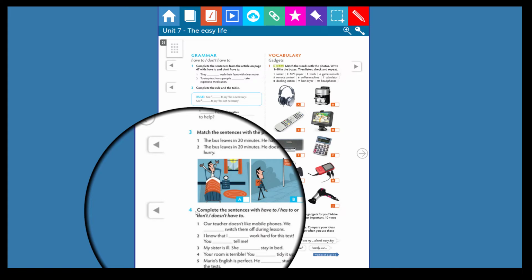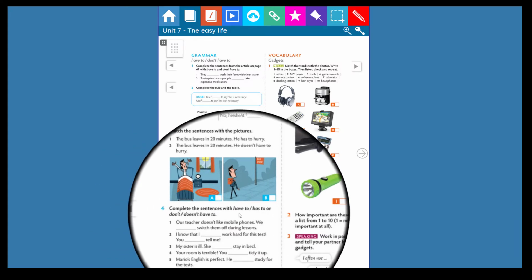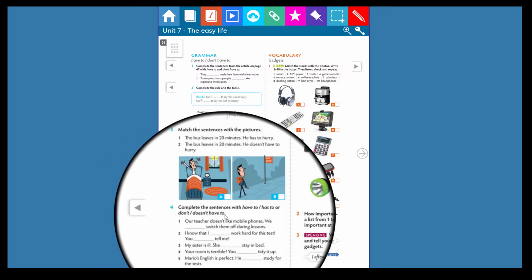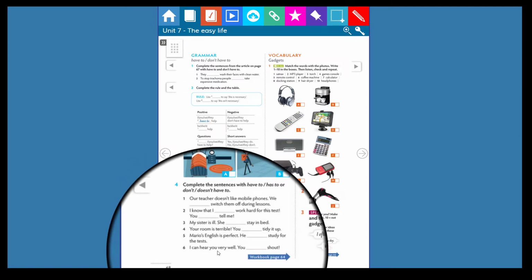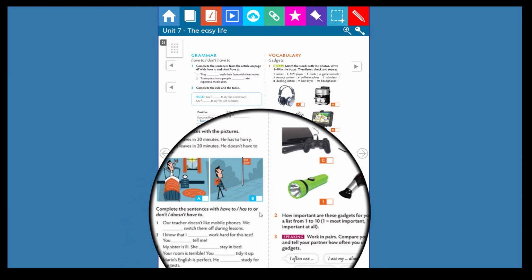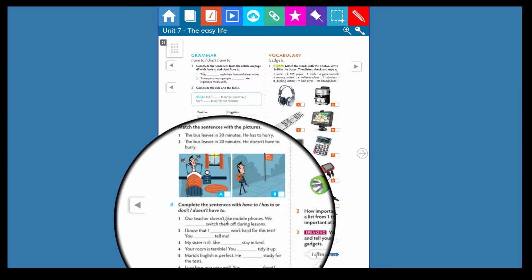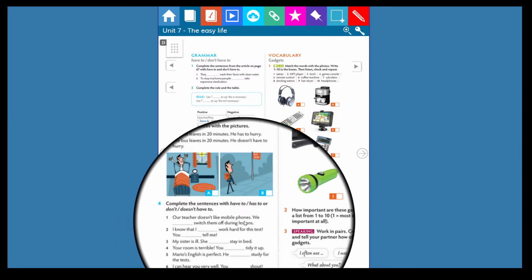Activity number 4. Complete the sentences with have to, has to, or don't, doesn't have to. You have to read the sentences and complete them with the correct verb and the correct form, okay? Number 1. Our teacher doesn't like mobile phones.